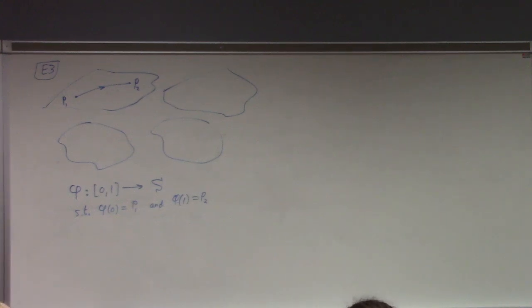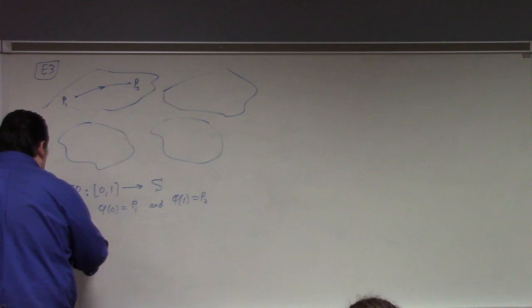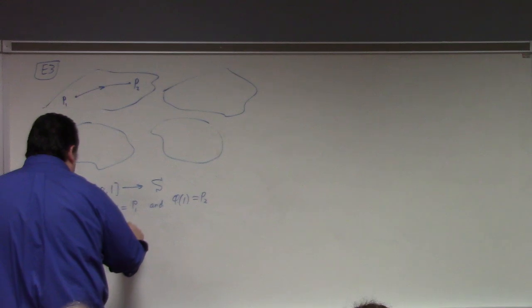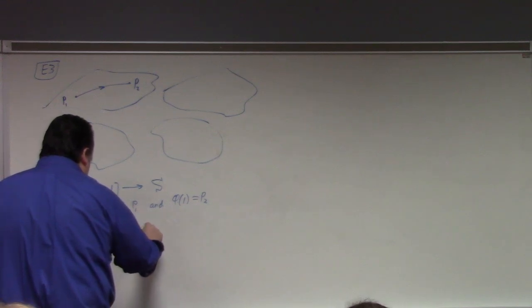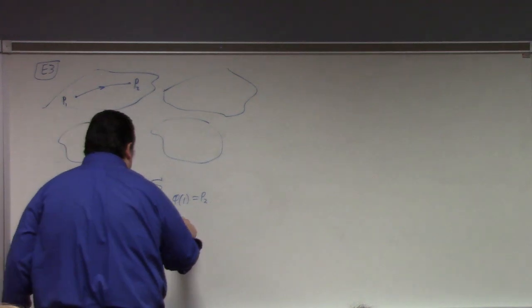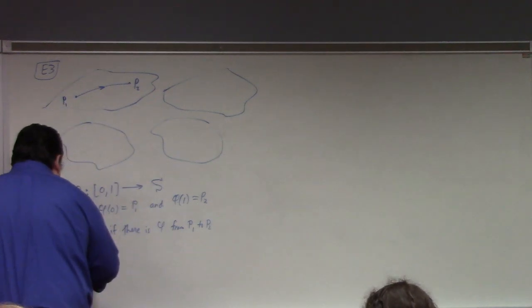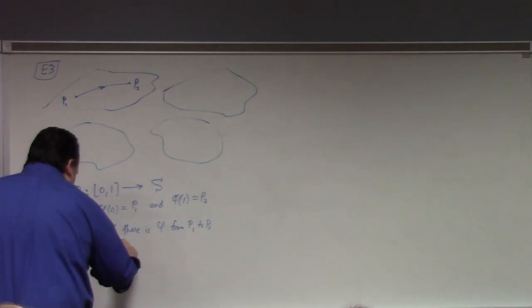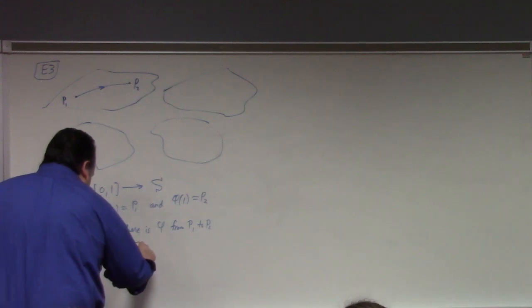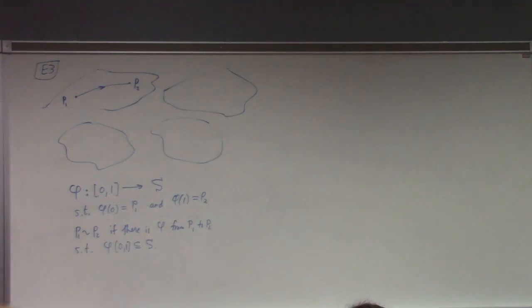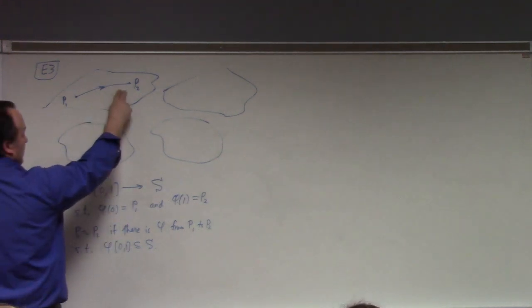So you can say P1 is equivalent to P2 if there is a phi from P1 to P2 such that phi of [0,1] is a subset of S. Now, at this point, I'm getting ahead of the game. I'm using stuff in the later part of this course that we haven't gotten to yet, so my apologies. But what I'm saying is that all of the points on the path are within the space.